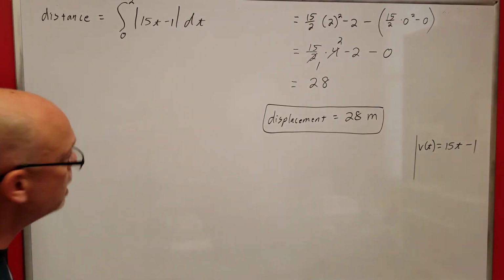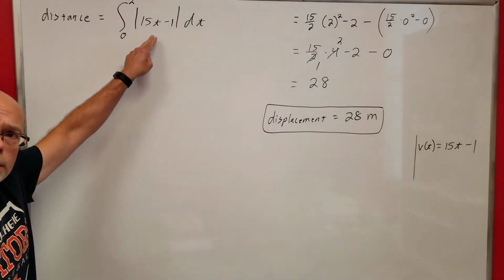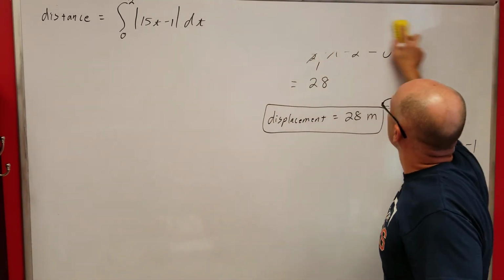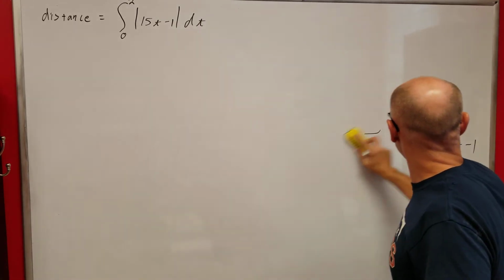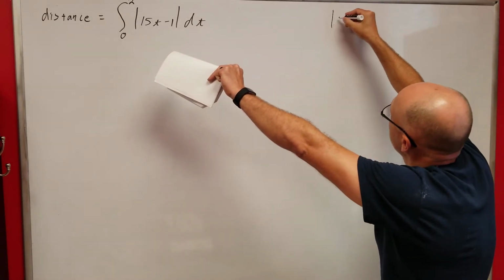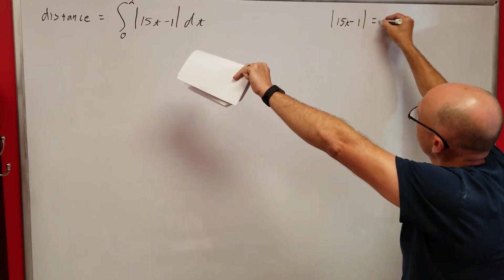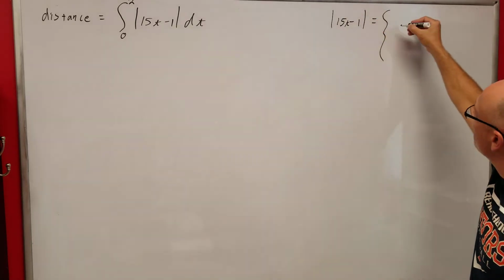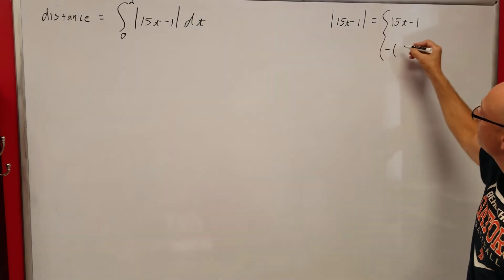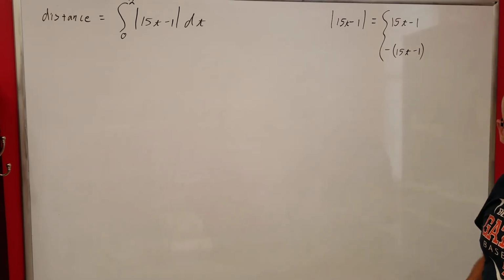We saw in the last section how we integrate an absolute value, right? What do we do with this absolute value? We first have to rewrite it in terms of a piecewise defined function. So let's do that over here on the side. We're going to say the absolute value of 15t minus 1 is going to either equal exactly what's in the absolute value signs, 15t minus 1, or the opposite of what's in the absolute value signs, negative 15t minus 1.